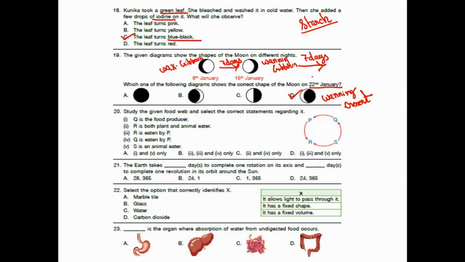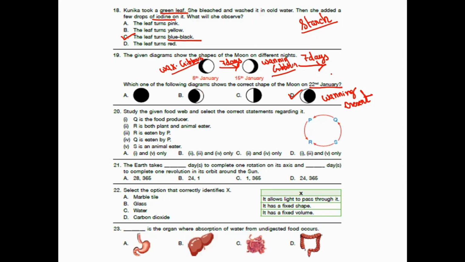After every 7 days, the phase of the moon changes. On 8th January it was waxing gibbous. After 7 days, 15th January is the waning gibbous, and after another 7 days, it will be waning crescent.